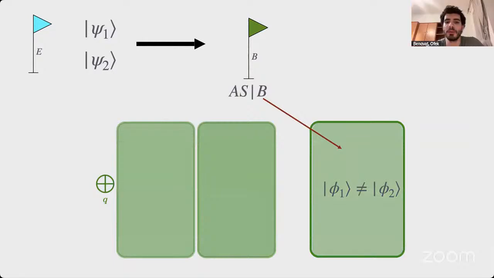Will they be orthogonal because they have two different eigenvalues for the charge operator on AS relative to B, or because of the position, or something else? This is a very good question, actually. If I remember correctly, I don't know if Thomas is there, they're subtly different.